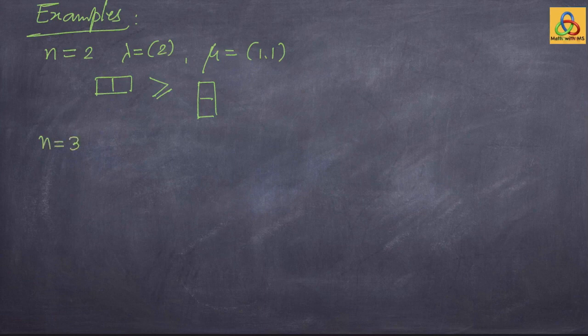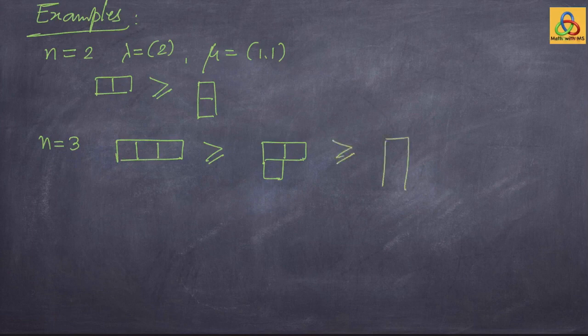Let us take n equals 3. Now I am not going to write the partitions, I will simply write the corresponding Young diagrams. Look at this partition of 3. Then we know that this partition of 3 is bigger than or equal to the second partition of 3, which is certainly bigger than or equal to the last partition, the vertical partition, which is actually the conjugate of the first one.